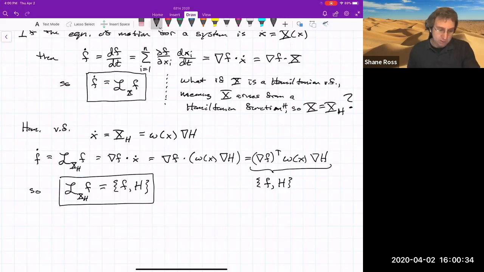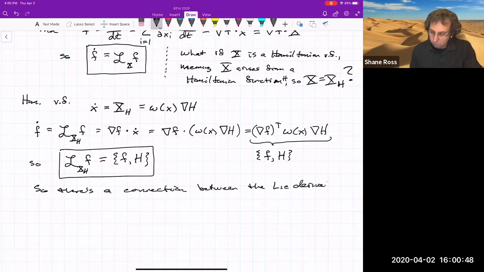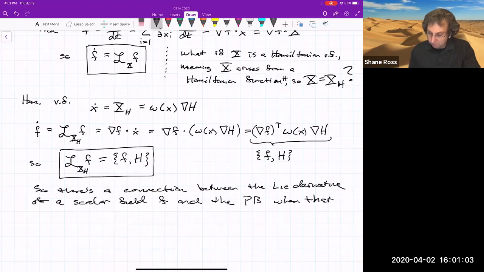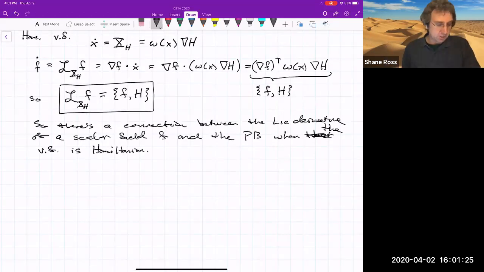The Lie derivative of a scalar field and a Poisson bracket, when that vector field is Hamiltonian. I guess the vector field of interest.